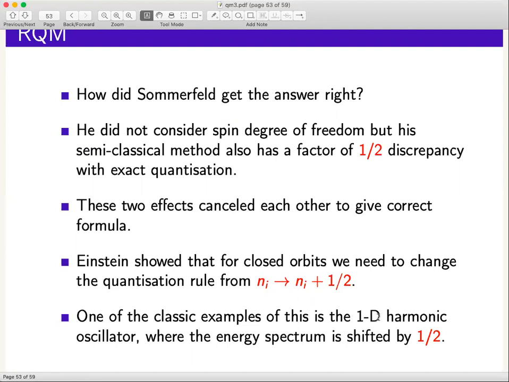There also, there are two turning points, and the energy spectrum is not integer but integer plus half. That half shift is precisely what Einstein showed: if you are looking at closed orbits and try to do a semi-classical quantization, then the quantization rule should shift by half.